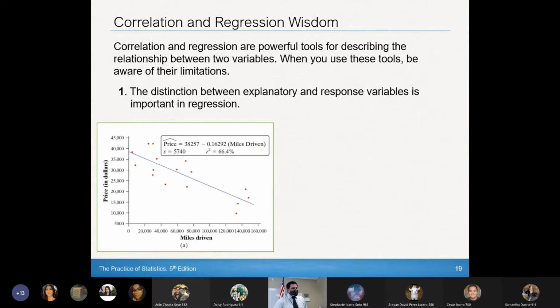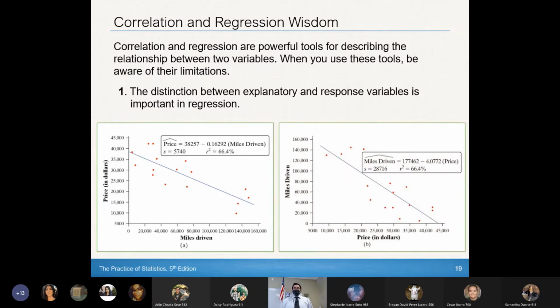If we reverse the roles of the two variables, we get a different least squares regression line, which you see here. If we swap these and now put price on x and miles driven on y, we obviously get a different scenario. The regression line is a little more steep. And s, our standard deviation, is still using y, which is now miles driven.